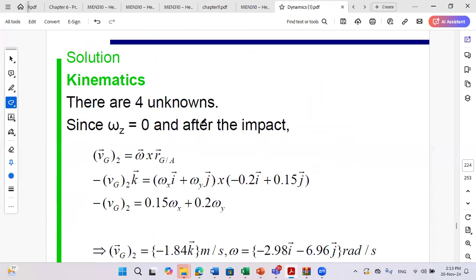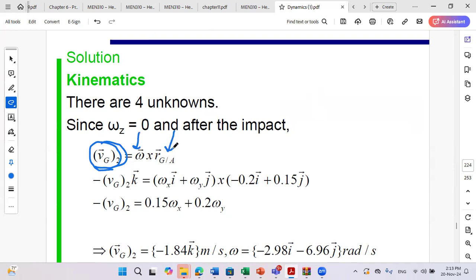We relate the velocity of point G to the point that is fixed. I know that the hook has a velocity of 0, and that point G is doing rotation about point A. So I can say simply that the VG2 vector can be calculated as omega vector vectorial AG.